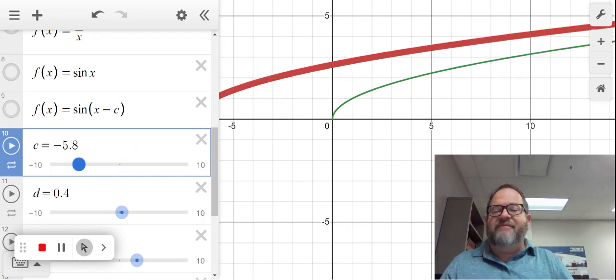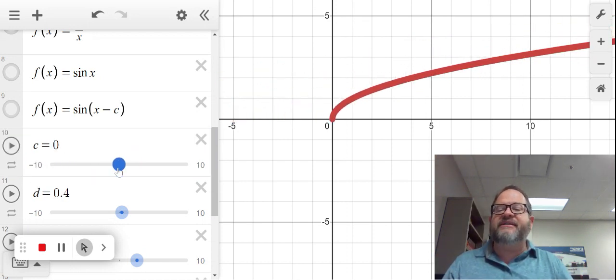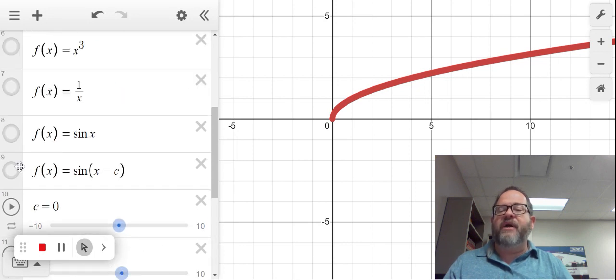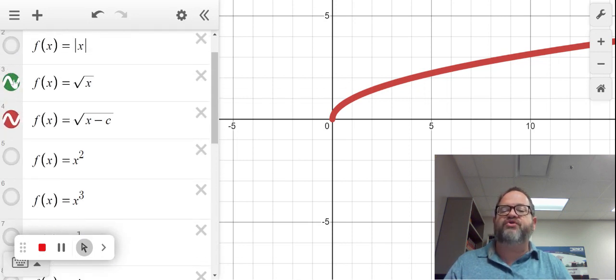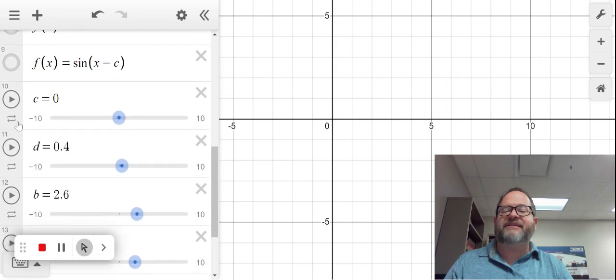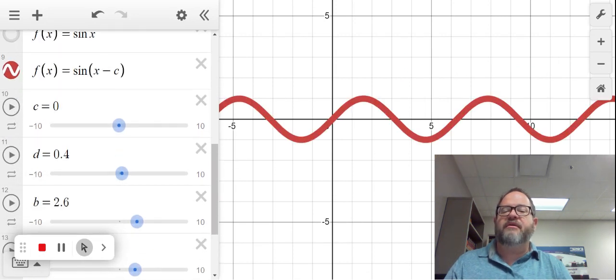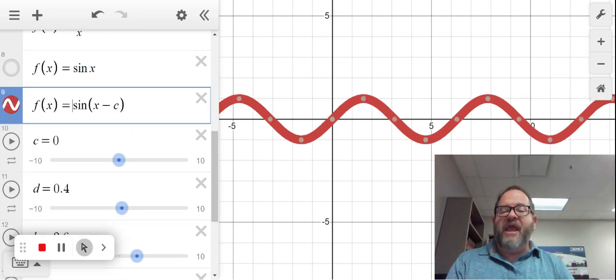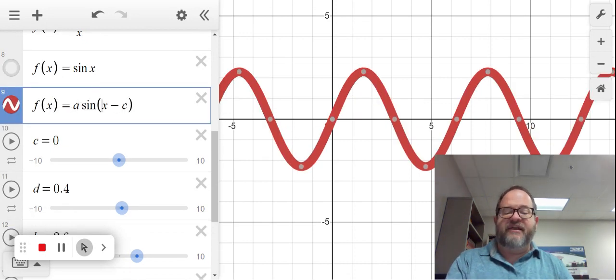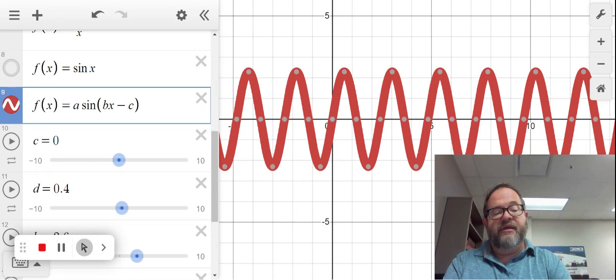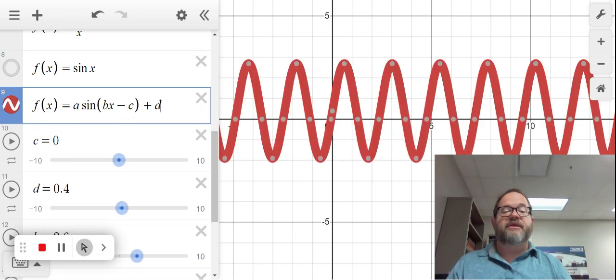The amazing thing about this is we can do all of these things at the same time. I'm going to go ahead and turn off this one for square root of x and go back to sine. Where did sine go? Here's sine. Why don't we make it a times the sine of bx minus c plus d. Well, now we can do all of the transformations. We could shift it.